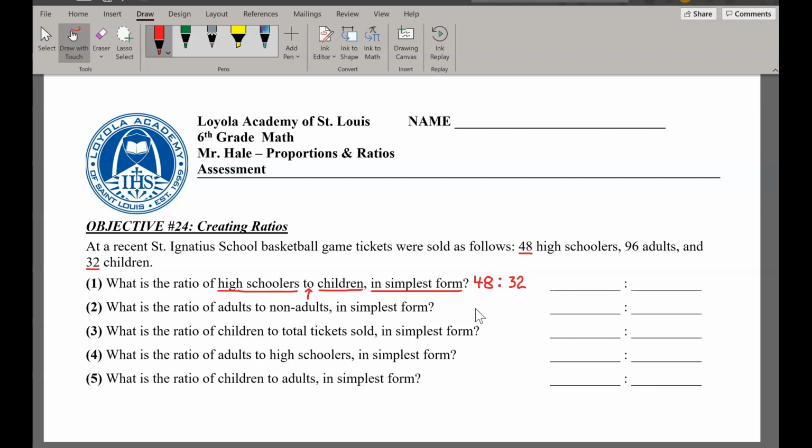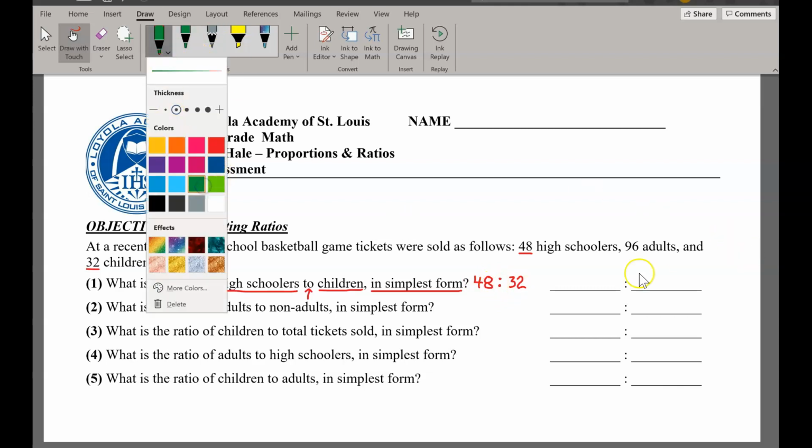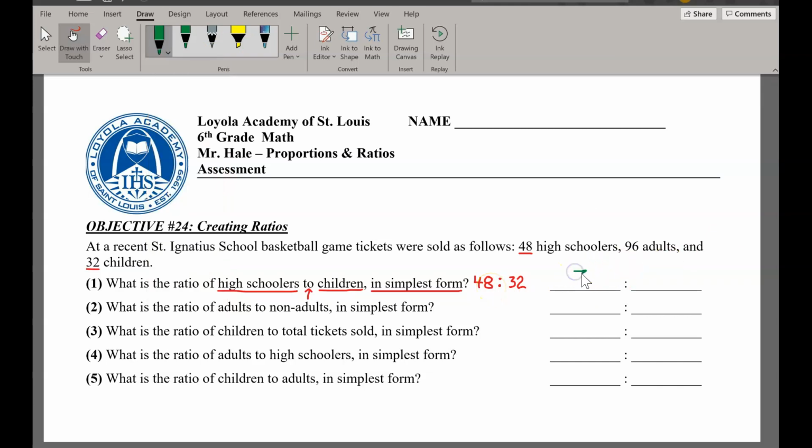That would get us pretty close. But 48 and 32, if we go through our factors here, both of these can be divided by 16. So if we divide 48 by 16, we get 3. And if we divide 32 by 16, we get 2.